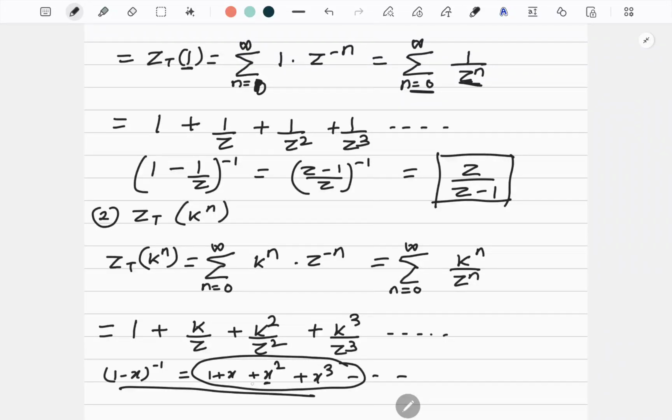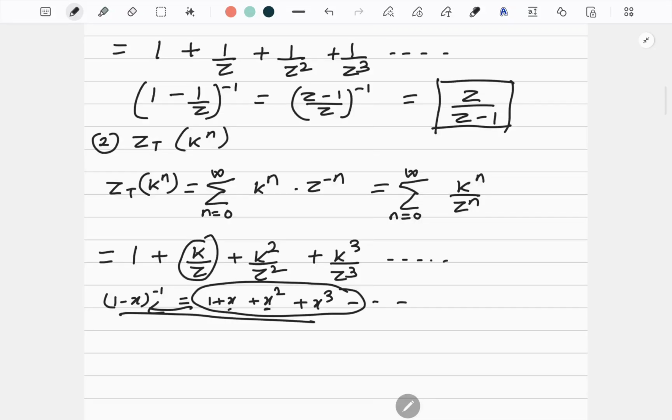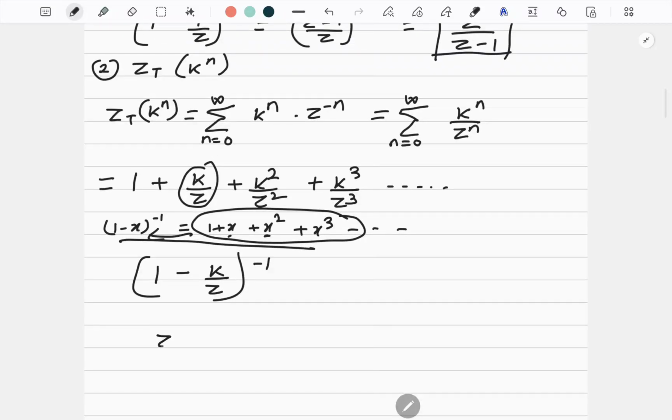And what is the value of x? x is nothing but k by z. So what should be the answer? I'll put (1 minus k by z) to the power minus 1. Take LCM: z minus k upon z, to the power minus 1. So z upon z minus k is my answer.